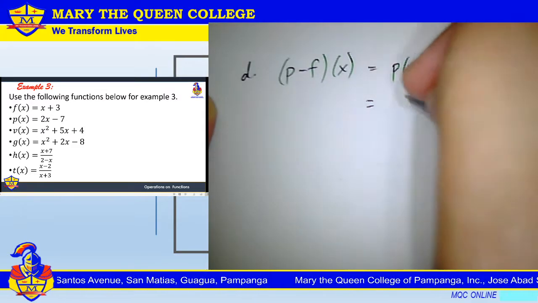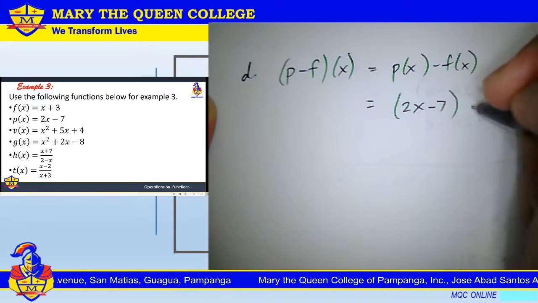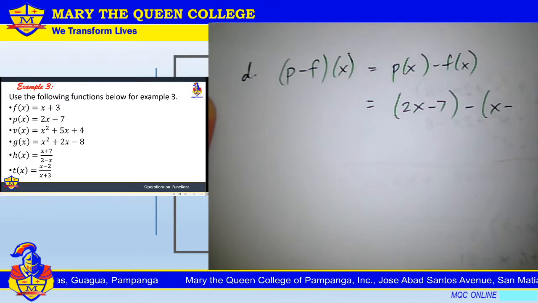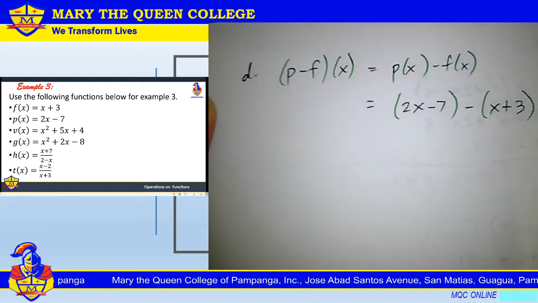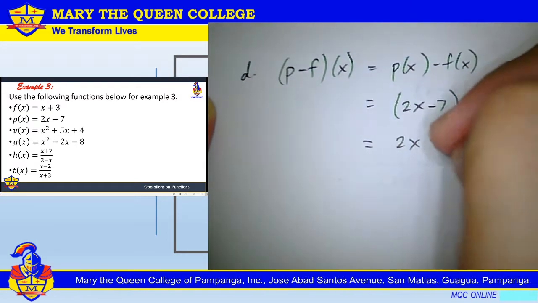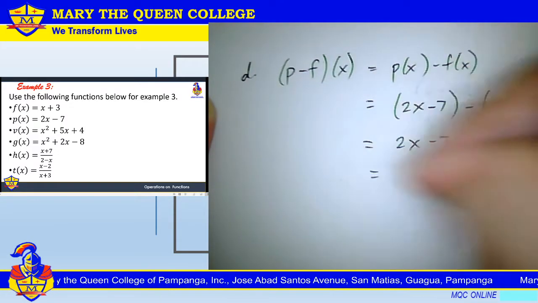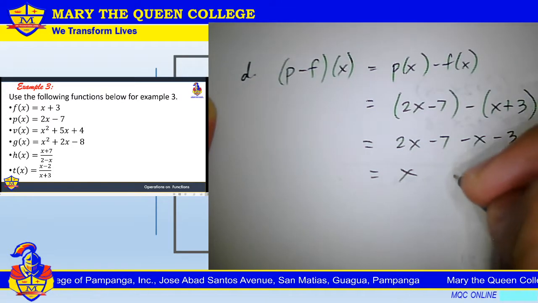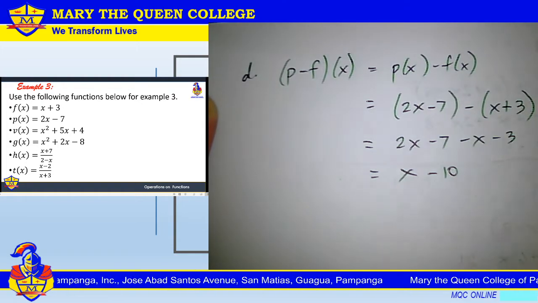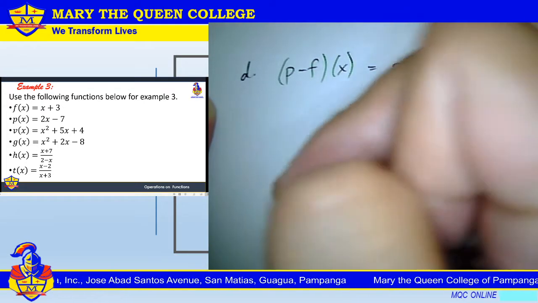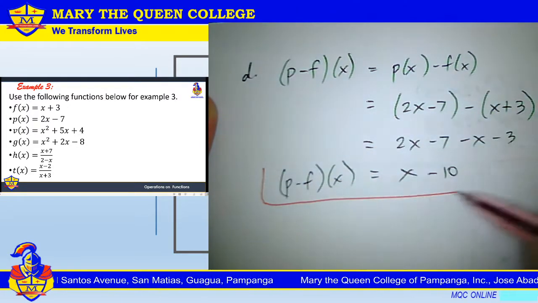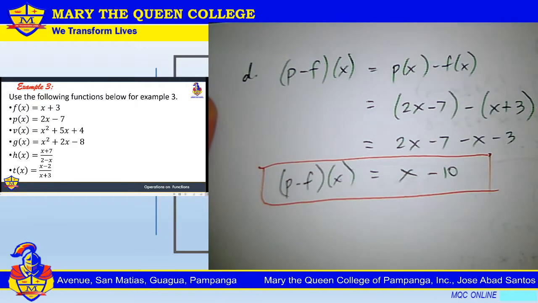P of x, that is 2x minus 7, minus f of x, which is x plus 3. Then, remove the grouping symbol: 2x minus 7 minus x minus 3. Combine similar terms, 2x minus x, we have x. Negative 7 minus 3, we have negative 10. So, ito na po yung sagot natin sa p minus f of x. So this is for letter D.